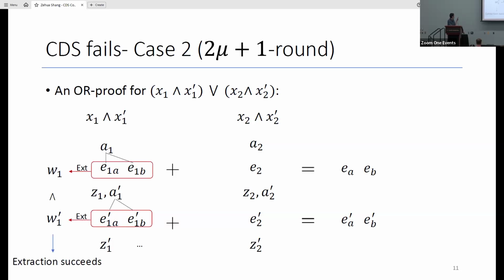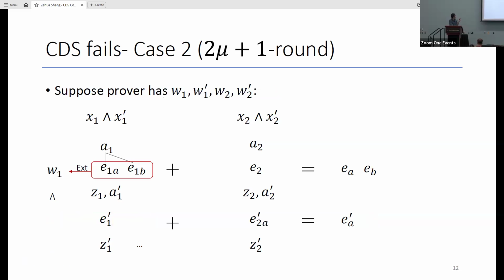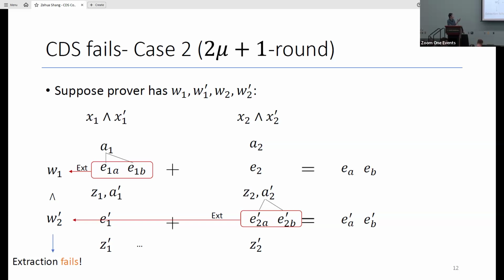For example, here, the extractor will extract W1 and W1 prime, and this is exactly the witness of this OR relation. However, suppose that the prover has all witnesses, then the cheating prover is able to answer the challenges on the other side. And it turns out that the extraction will extract W1 and W2 prime, which is not a witness for our proof, and the extraction fails.